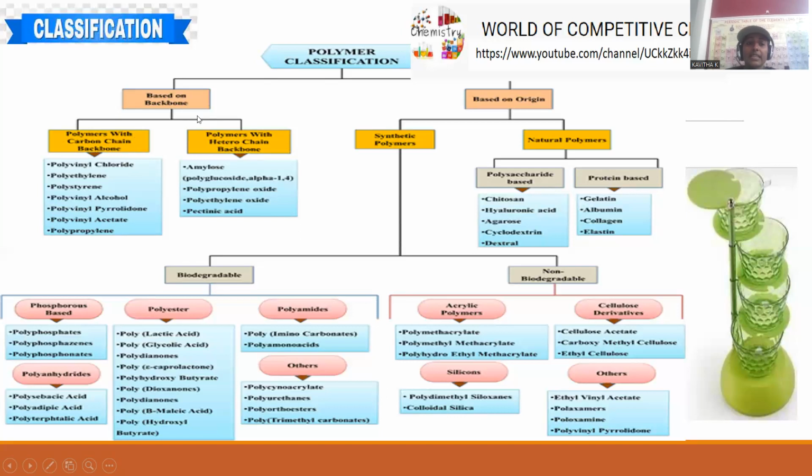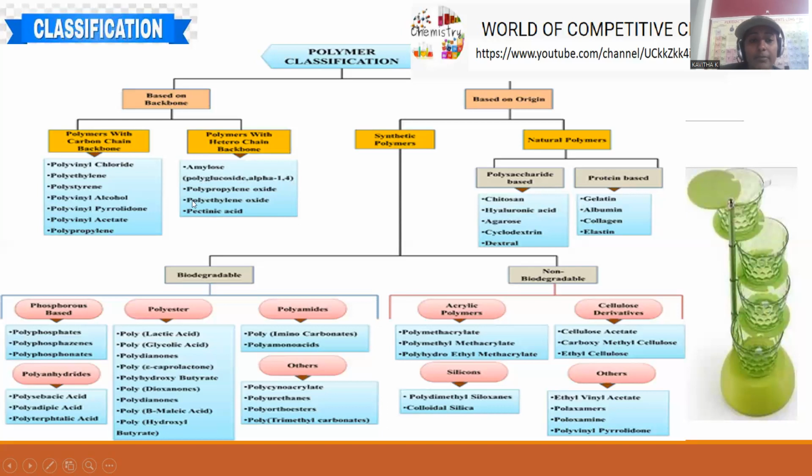In the second category, the backbone has atoms other than carbon, for example amylose. Amylose is part of the non-carbon backbone materials. Polyglucoside alpha 1,4 is a compound composed with a heteroatom. What is the heteroatom in this compound? Oxygen is the heteroatom.